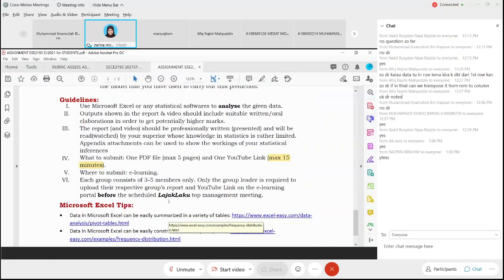Only that I want to see how critical, how innovative, how creative you are to present your result. Okay, so that is the aim. Of course, you need to know the content, the technical skills that you must obtain from the group task.